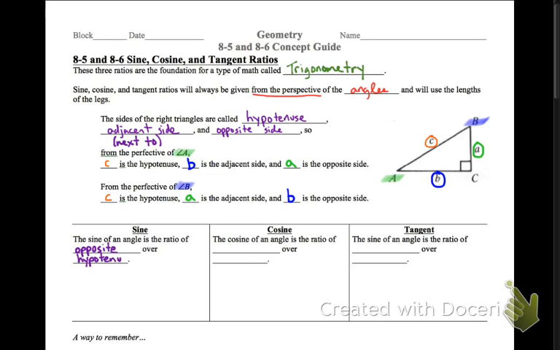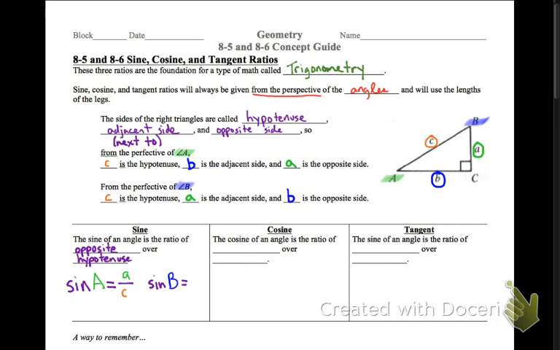The sine of an angle is the ratio of the opposite side over the hypotenuse. So for this right triangle, the sine of angle A is going to equal the opposite side, which is A, over the hypotenuse, which is C. So the sine is opposite over hypotenuse, A over C. If we're talking about from angle B, well, it's going to be opposite over hypotenuse.